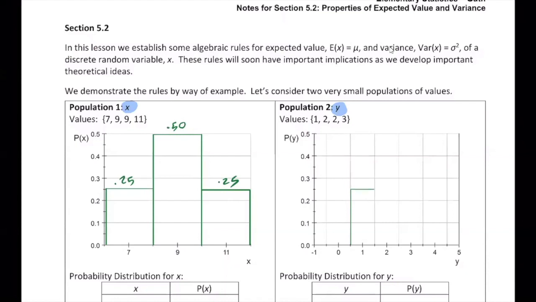To get a 2, there's 2 of those out of 4, which is 50%. Okay, and to get 3, once again, there's only 1 of those. So the probability is 1 out of 4, so that's 25%.